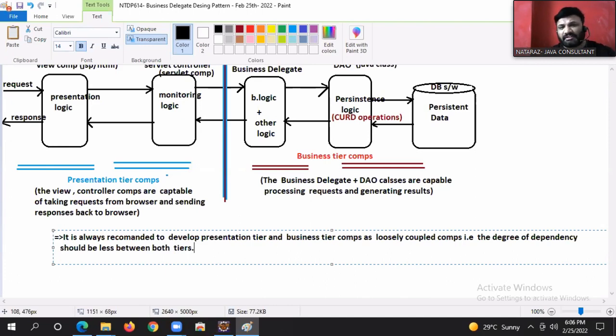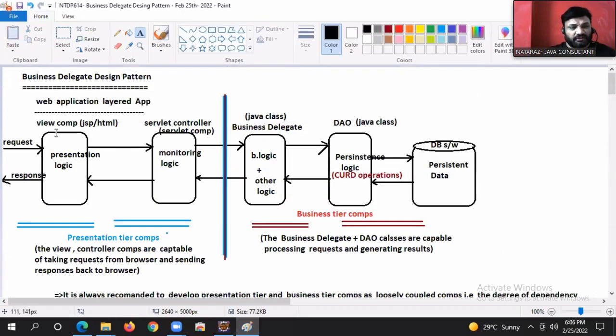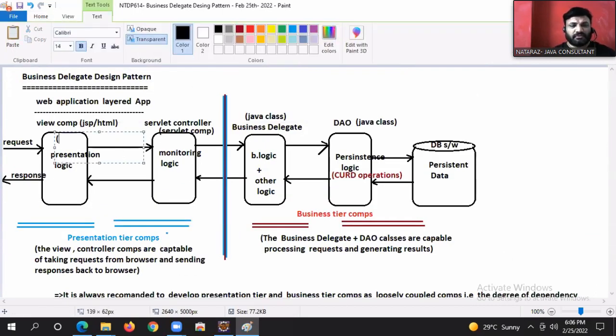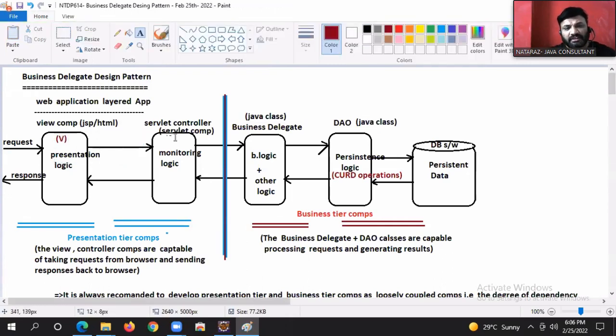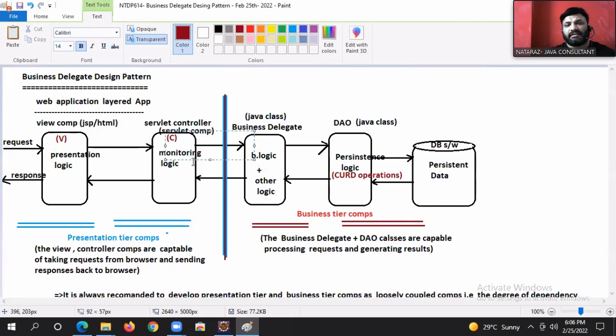This is basically MVC architecture only. But within the MVC architecture, I am identifying the business tier and the presentation tier. So this is the view component, this is the controller component, and this comes under the model.